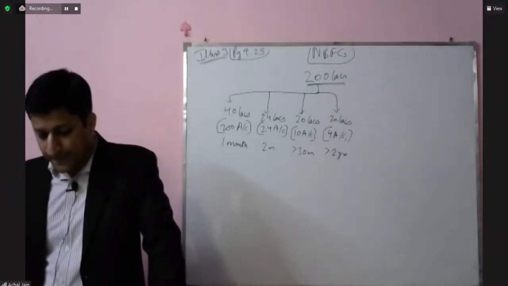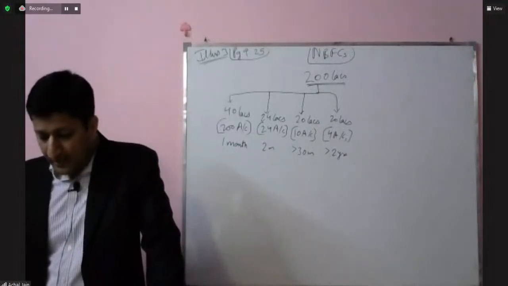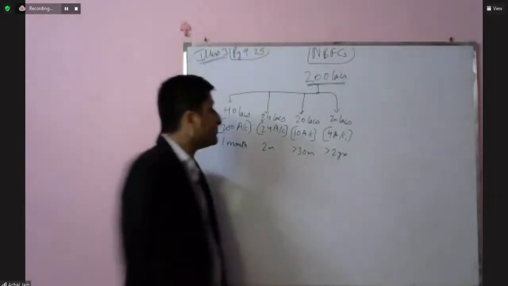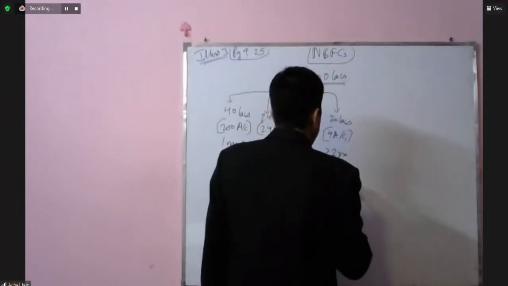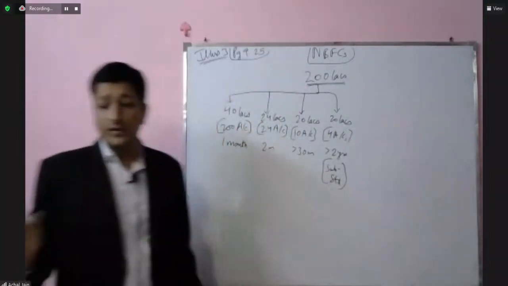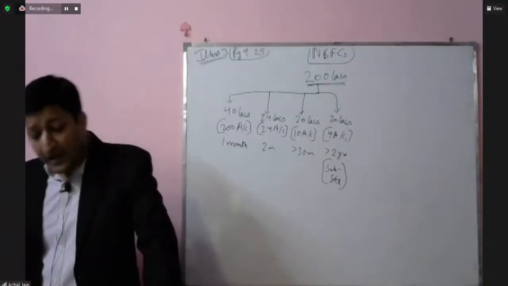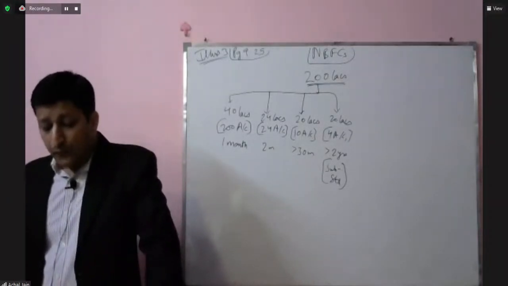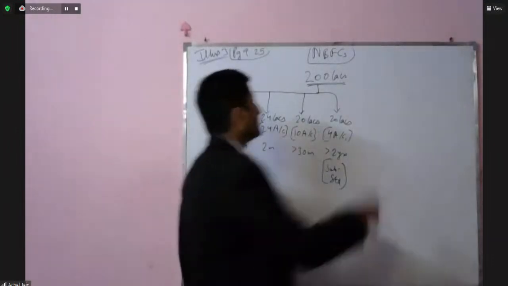Okay. This 20 lakh has already been identified as substandard. So this has been classified as substandard. You don't need to do this. This is already substandard. And one account of 10 lakhs has been identified as non-recoverable.